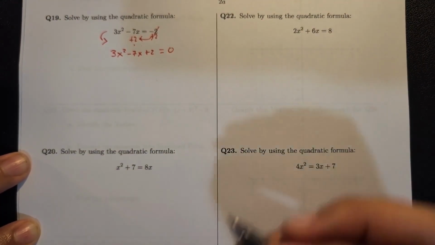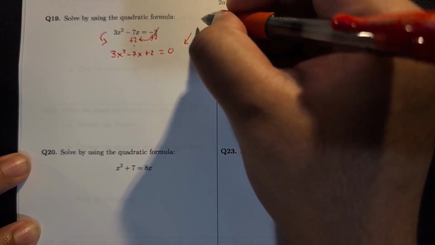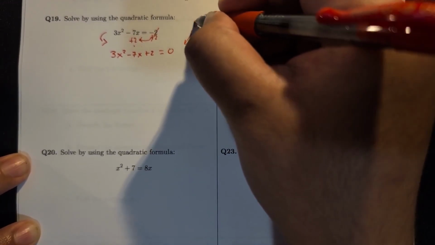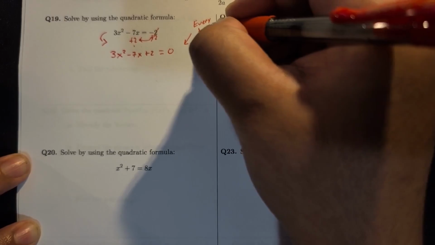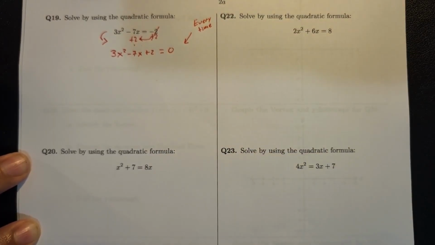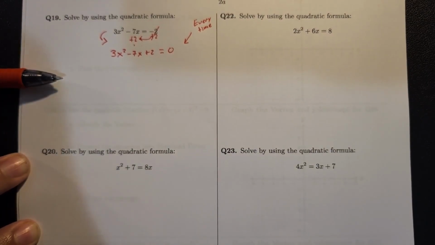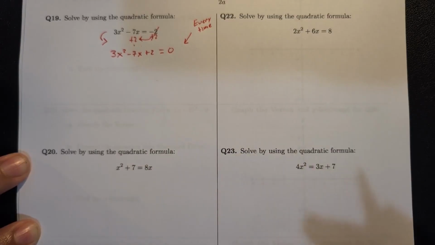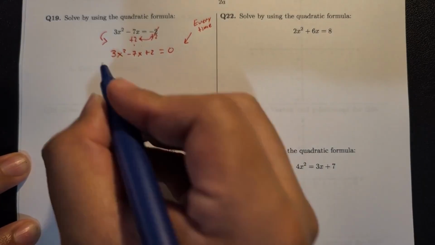Okay, so here we want to set it up every single time. One side should equal 0. And now from here, we can find my A coefficient, my B coefficient, and my C coefficient.